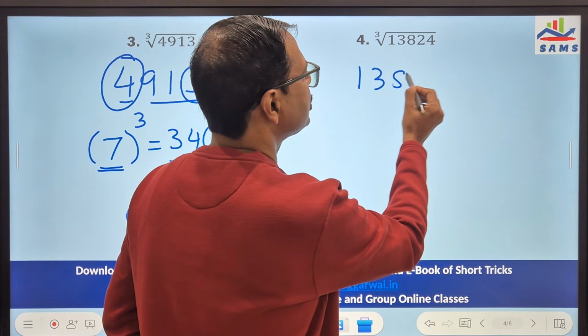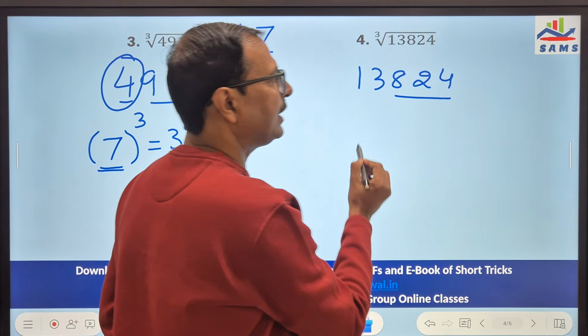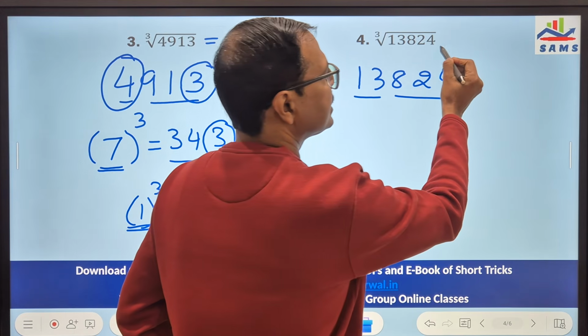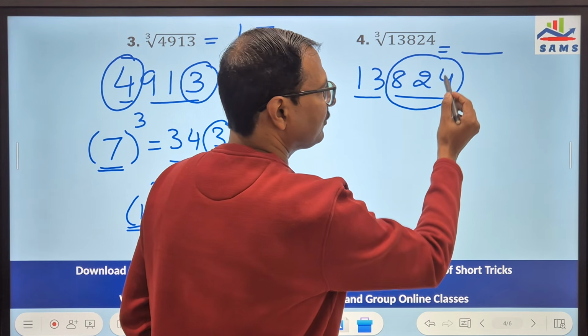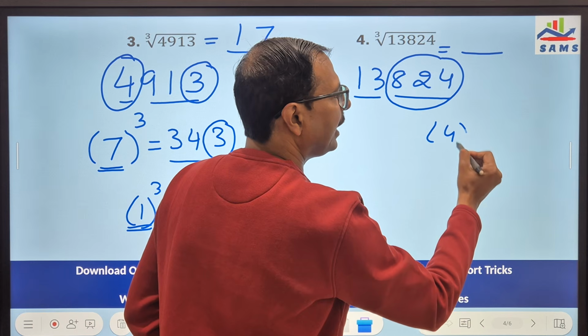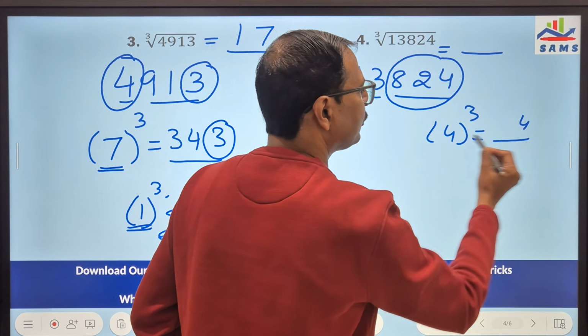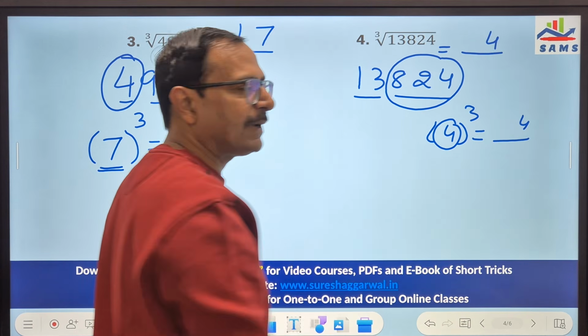1, 3, 8, 2, 4. This is a triple and this is a double. So my answer is a 2-digit number. The last triple ends in 4. Only 4 cube ends in 4. Therefore this 4 becomes the unit digit of my answer.